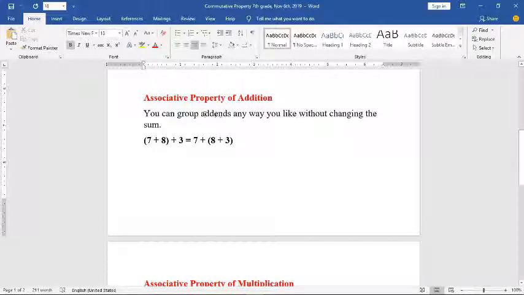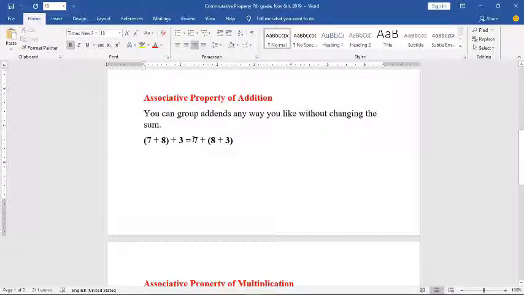You can group addends any way you like without changing the sum. For example, here I group 7 and 8. By grouping them, I put them inside parentheses. 7 plus 8 is 15. 15 plus 3 is 18.